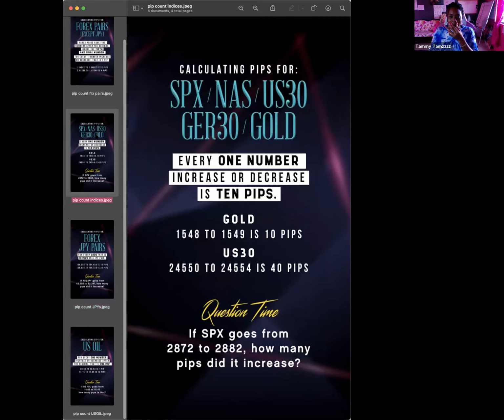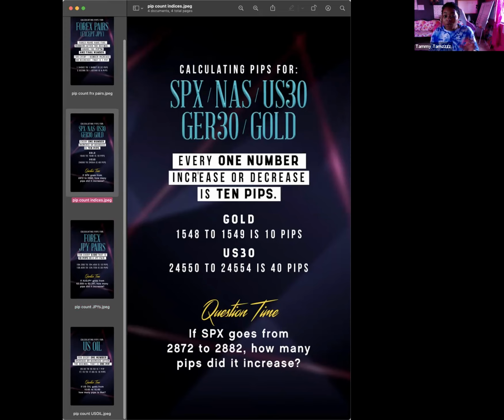If you're trading NAS, US 30, SPX, gold, every number increase or decrease is 10 points. So for gold, 1548 to 1549, that's 10 pips. For US 30, 24,550 to 24,554, that's 40 pips.